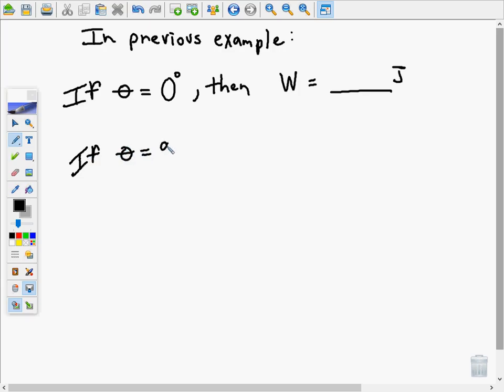If theta was 90 degrees and the force was straight up and the object was moving horizontally to the left, then determine what the work would be in that case.